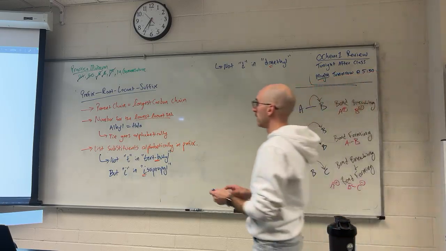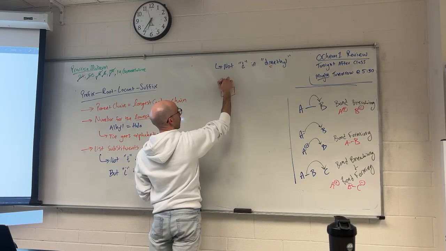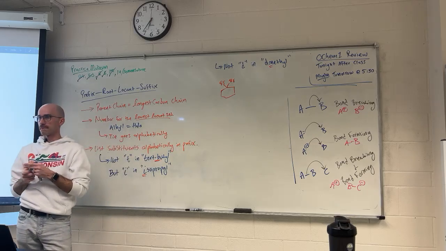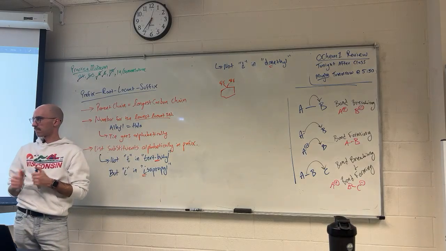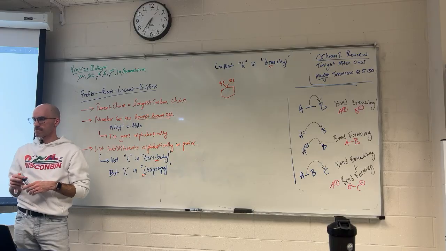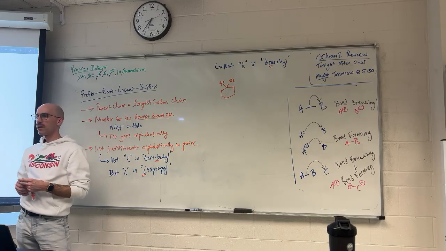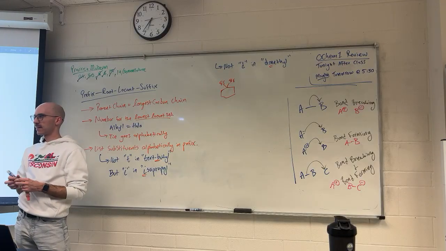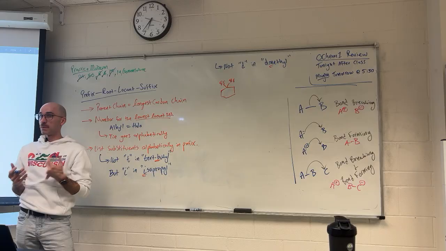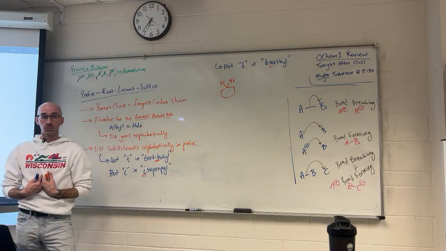So a good example might be, can you name it? 1,1-dibromo cyclohexane. It feels redundant, and people would like to say 1-dibromo, but how do I know you didn't screw up?